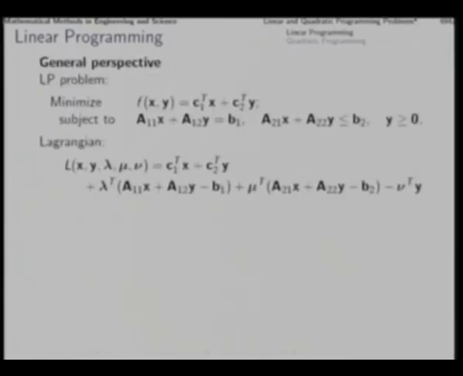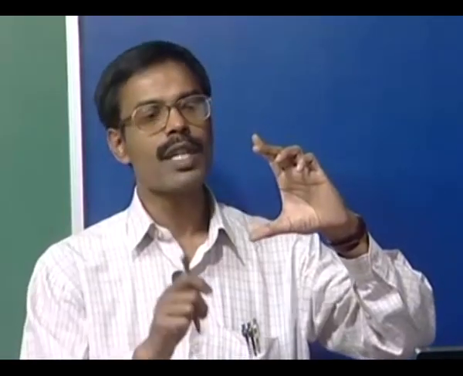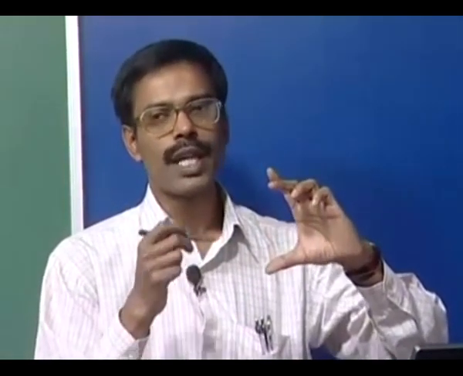Now, let us have a quick look at the general perspective of an LP problem. In this we will not consider the non-negativity necessity, because currently we are looking at the theoretical aspects rather than trying to solve it through an algorithm. So, for example, suppose the LP problem is to minimize this function. Here I have put two sets of variables: the entire set of primal variables I have partitioned into two, x and y.